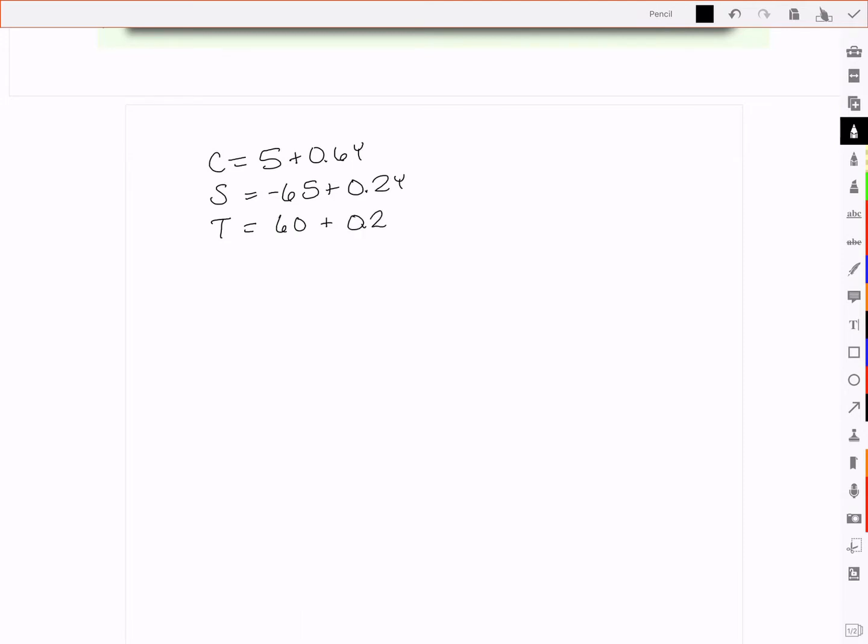We found that C was equal to 5 plus 0.6y, savings was negative 65 plus 0.2y, tax was 60 plus 0.2y, exports was 100, and imports was 40 plus 0.1y.